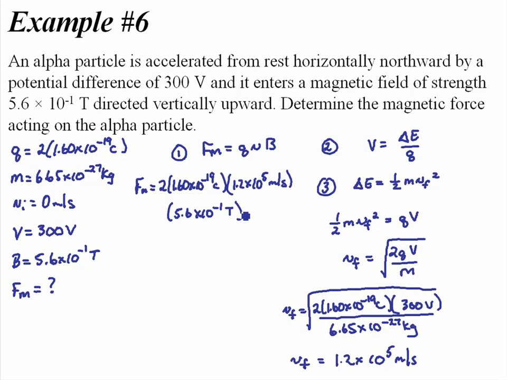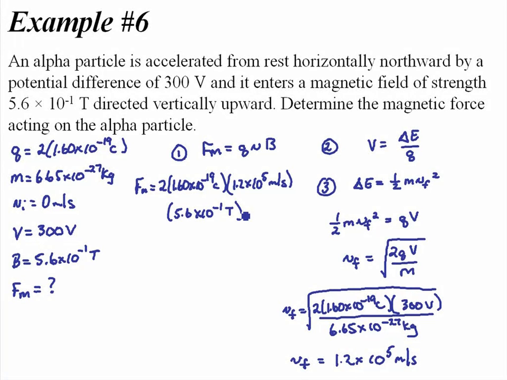I'll times by 1.6 to the exponent negative 19, and I'll also multiply by the magnetic field strength, 5.6 times 10 to the negative 1, and I should get 2.15 times 10 to the negative 14.